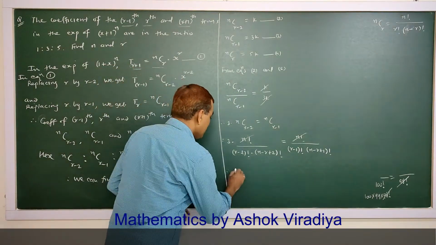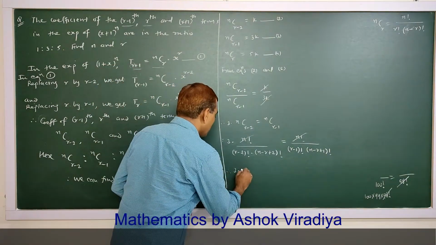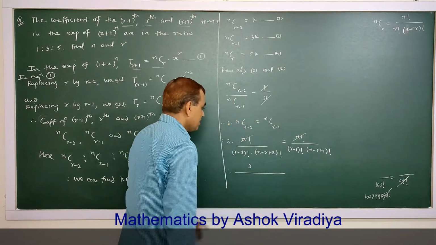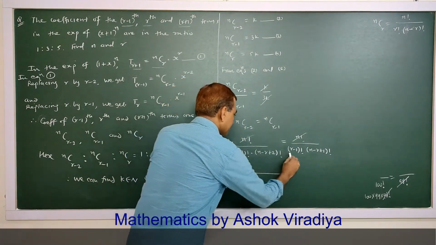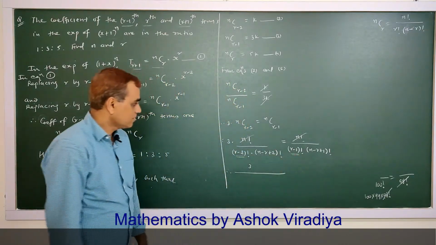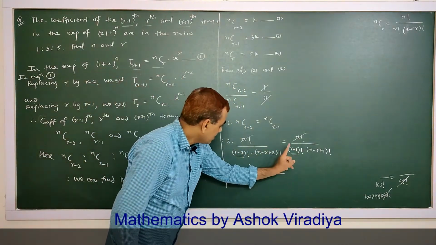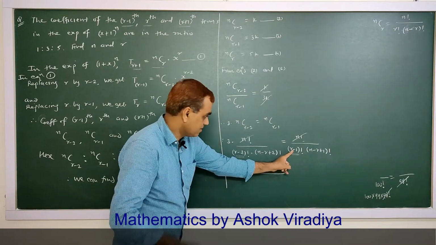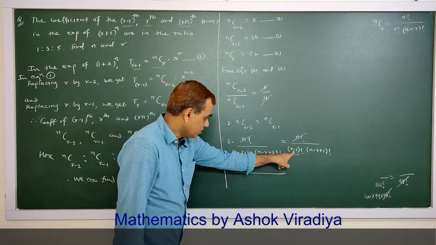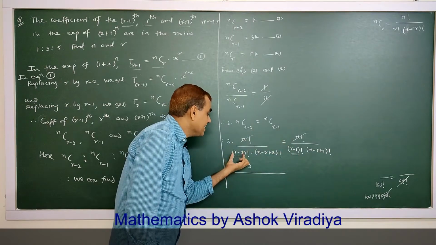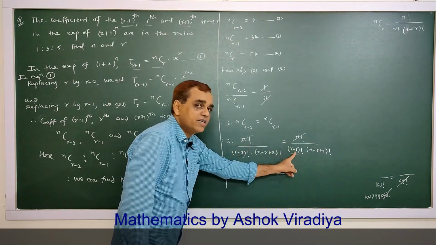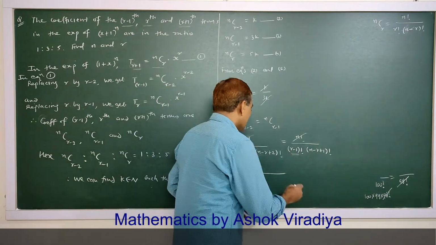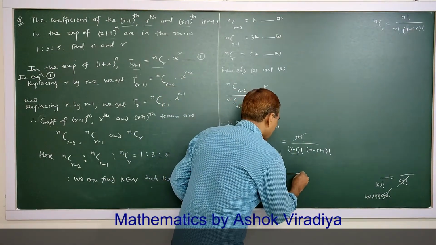Now 3 into 1 upon, that is 3 upon, now look at these two numbers. Of these two, this is greater by 1 unit. Suppose this is 99 factorial and this is 100 factorial, the greater factorial we convert into smaller.